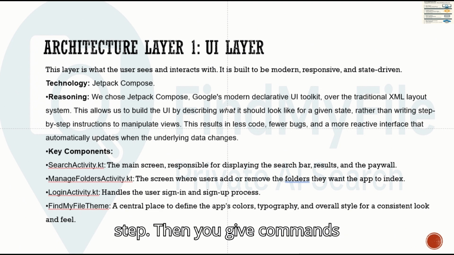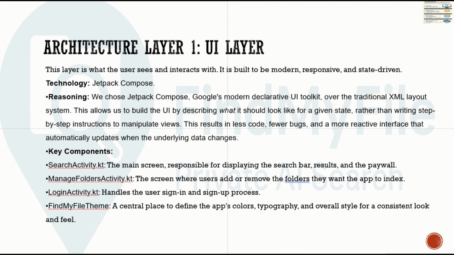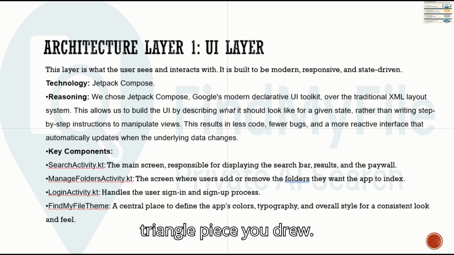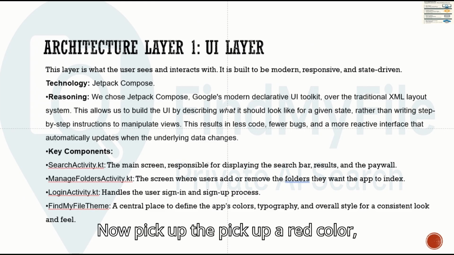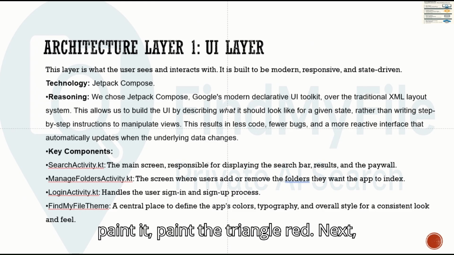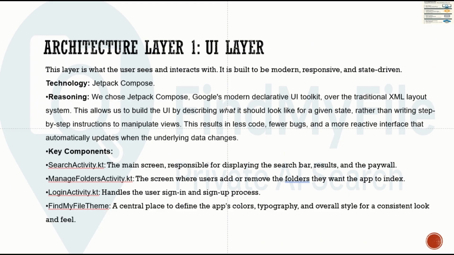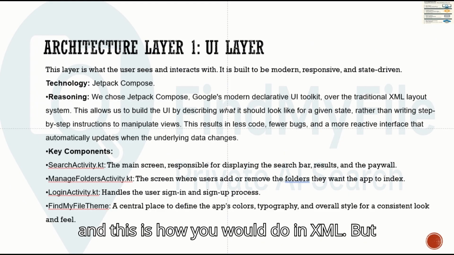This is the first step. Then you give commands using Java. You tell the robot, find the triangle piece you drew. Now pick up the red color, paint the triangle red. Next, find the rectangle piece, pick up the blue color, paint the rectangle blue. And this is how you would do it in XML.